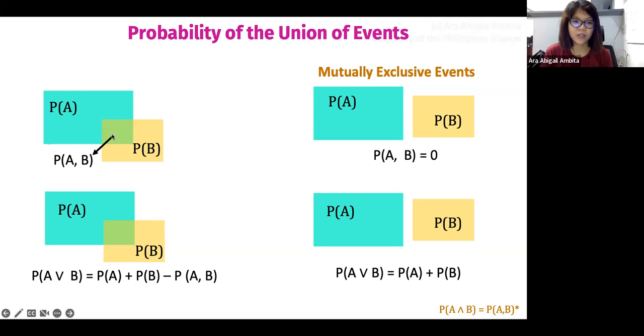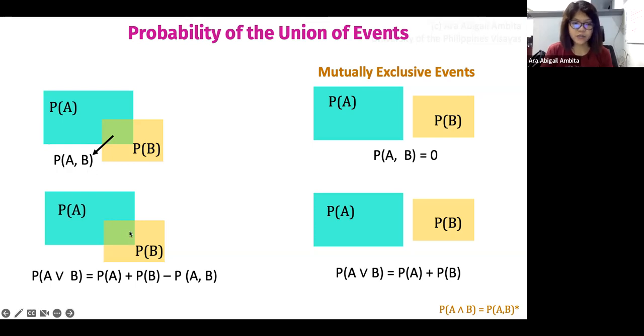We can see it here in this Venn diagram, which is denoted by P of A and B, or may also be read as the joint probability of A and B, or the intersection in the set theory notation, the intersection between A and B.